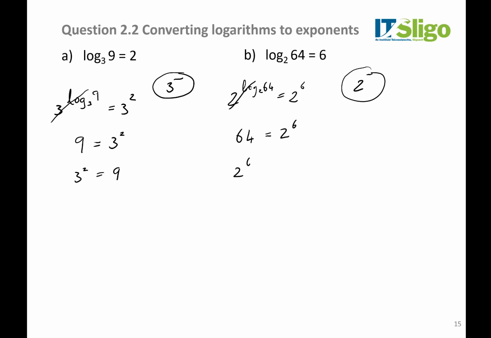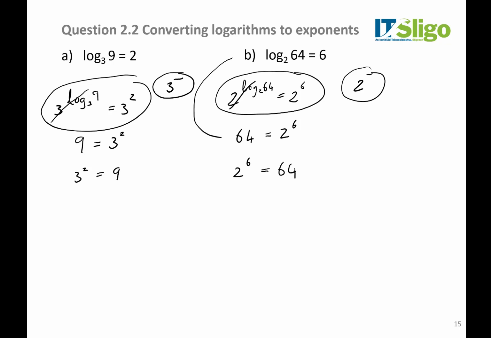And finally, just write our exponent on the left. So again, guys, certainly in this semester, there's no need to write these intermediate steps. Normally, you just go straight towards your solution.